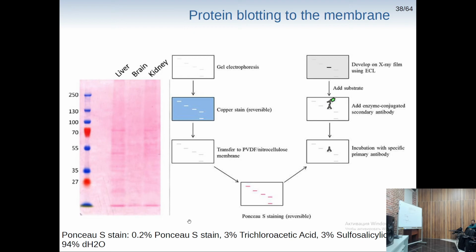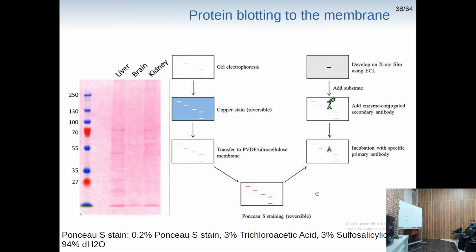I don't see actually the reason why we need to stain our membrane, except for being able to be sure that most of our proteins were actually transferred to our membrane. But mostly you just stain your gel afterwards and see what is left on the gel. It's more than enough.